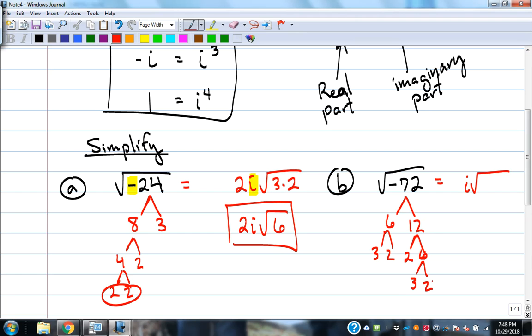And then 3 and 2. So I've got a pair of 2s, a pair of 3s. That's going to be what on the outside? 6, and then a 2 on the inside. 6I square root of 2.